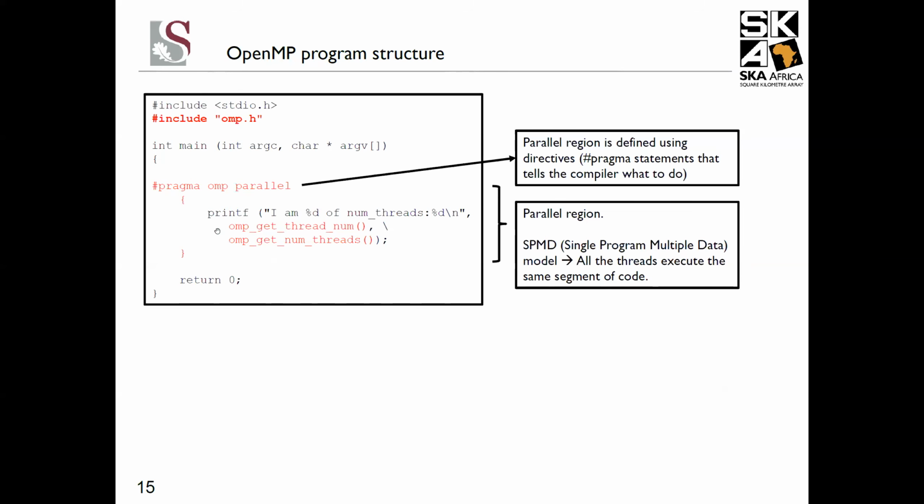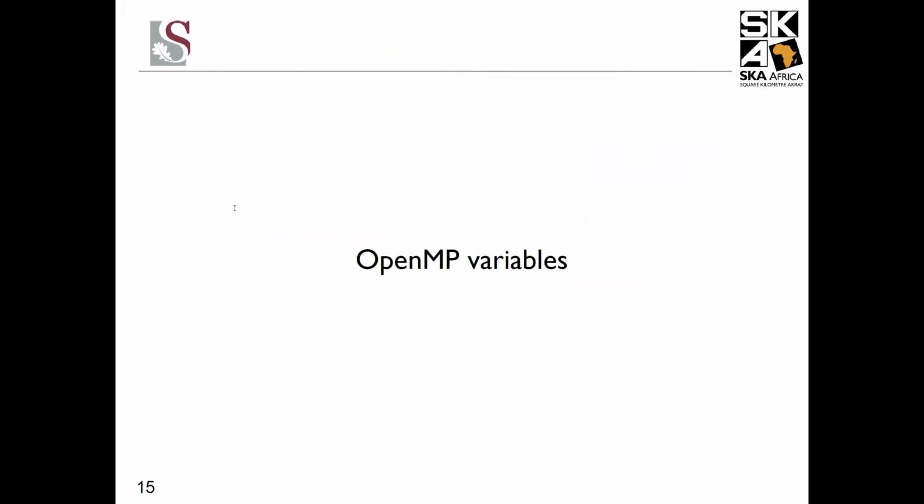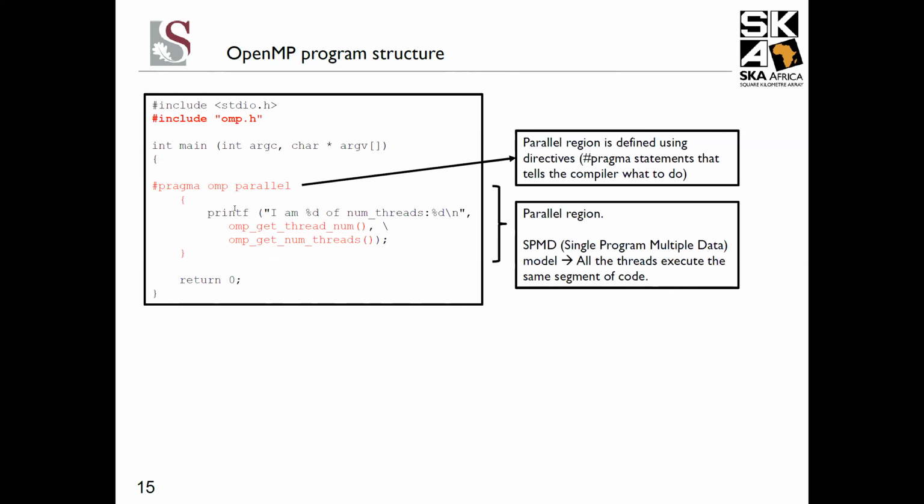That is, all the threads are executing exactly the same segment of code. So you're going to have to think about how we structure our routines in this region in order to benefit fully from this parallel environment. We need to make sure that all the threads get something to do so that the work is distributed and we get a speed up.